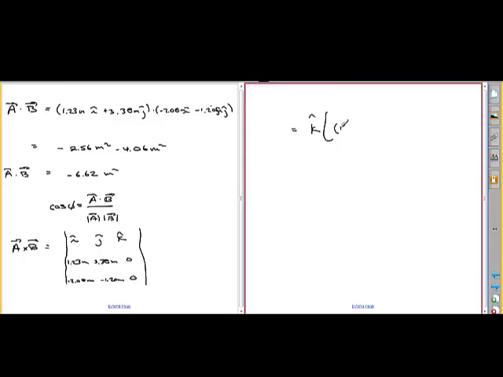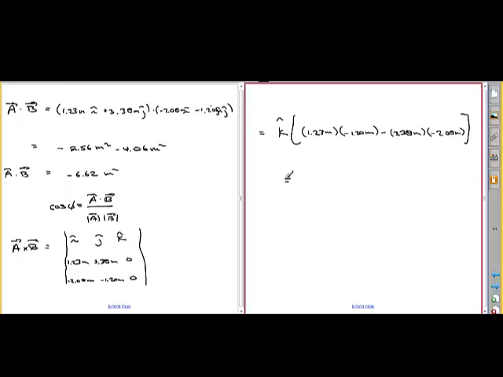So we end up with 1.23 meters times negative 1.20 meters. And then we subtract the product in the other direction, which is 3.38 meters times negative 2.08 meters.